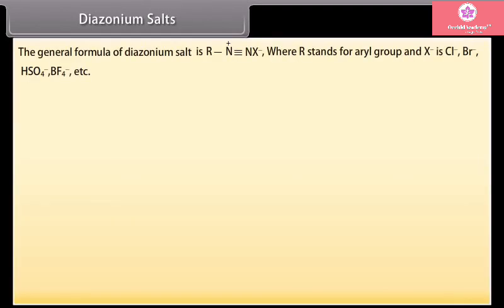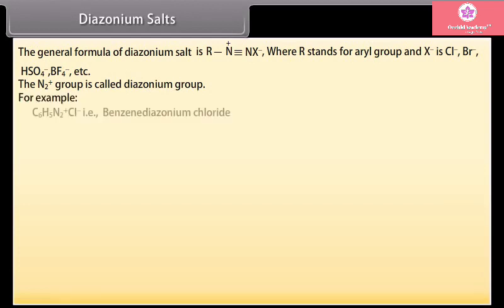Diazonium salts. The general formula of diazonium salt is RN2+ X−, where R stands for aryl group and X− is chloride ion, bromide ion, hydrogen sulfate ion, tetrafluoroborate ion. The N2+ group is called diazonium group.